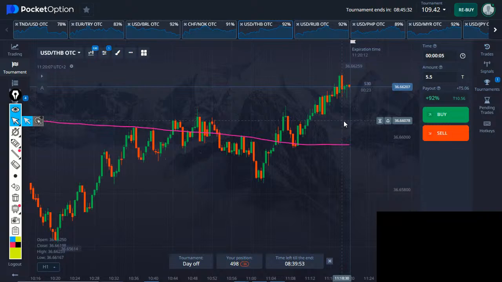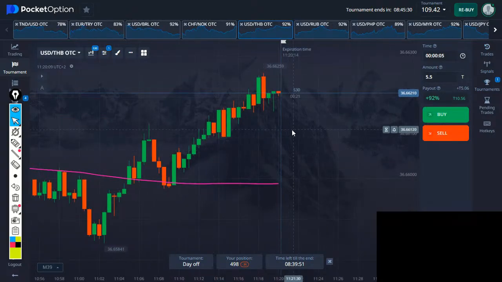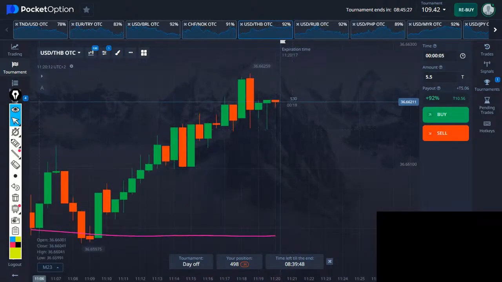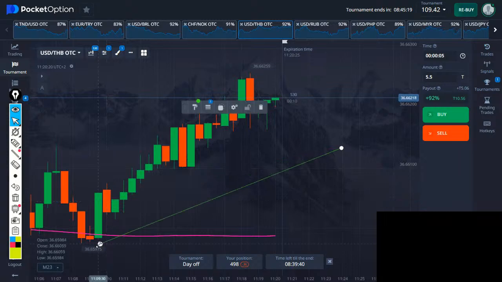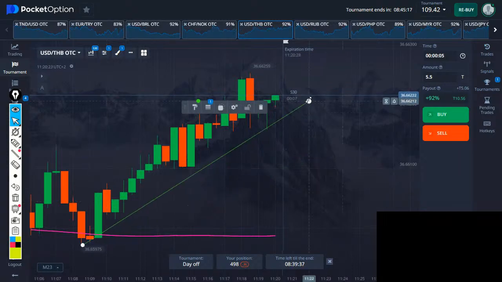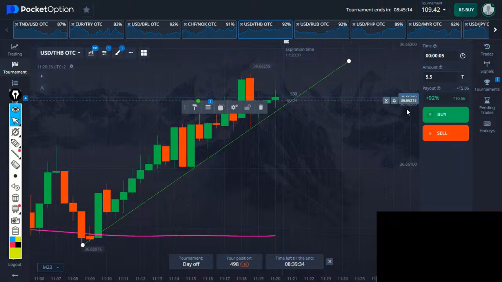All right, I'll go for buys on this one. So this is the common rejection point. Let me put this line over here. No problem. Trend line. Very easy, guys. Simple trend line. See, most common rejection point.